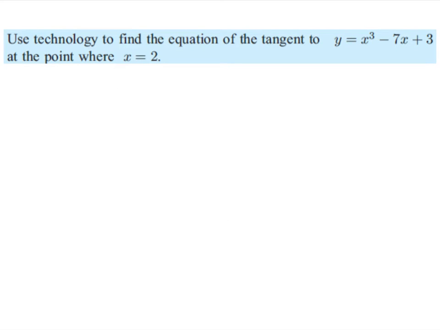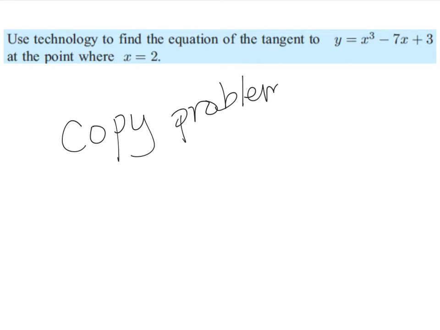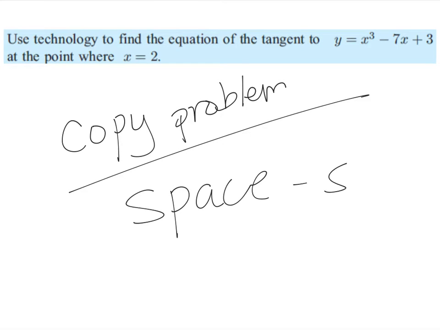All right, so we can use technology kind of in the same way. I want you to copy this problem down, and we will actually go over it at the beginning of class because it's using a new draw tool that we haven't done yet. So copy it down and leave yourself some space so that you can write the steps for how to do this type of a problem in your calculator.